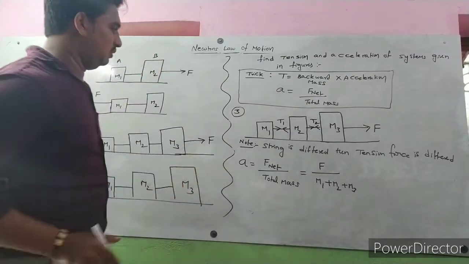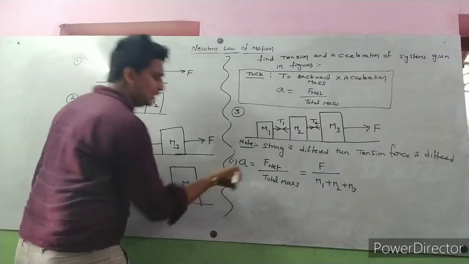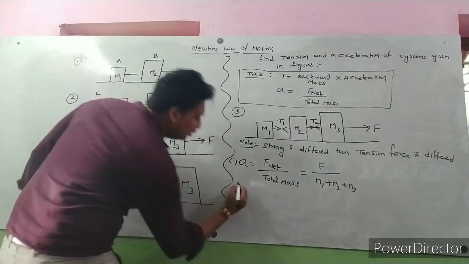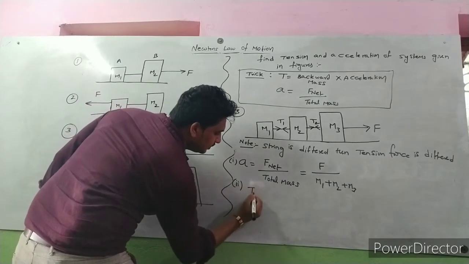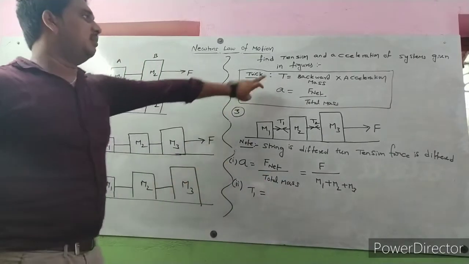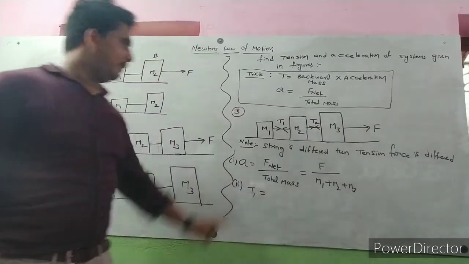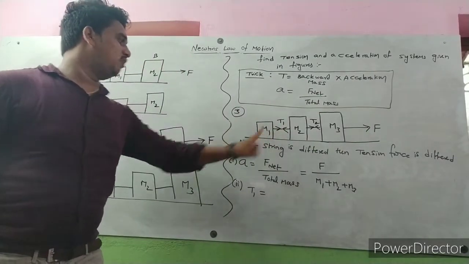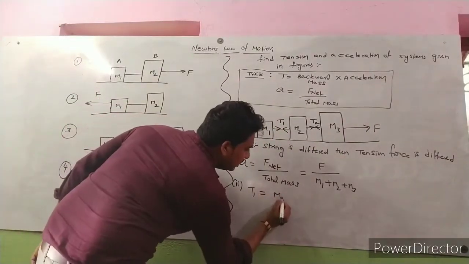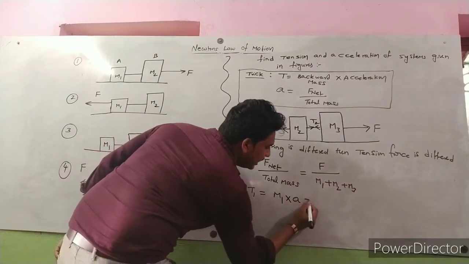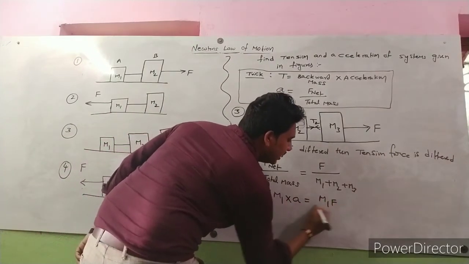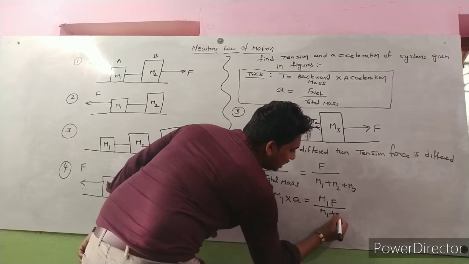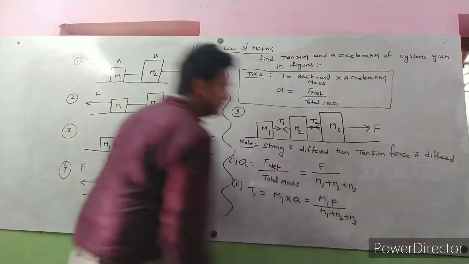So one question is solved here. Next, the tension. How to find tension T1? The tension formula is backward mass into acceleration. What is the backward mass? m1 is the backward mass, m1 into acceleration a. So that means m1 into F by m1 plus m2 plus m3.